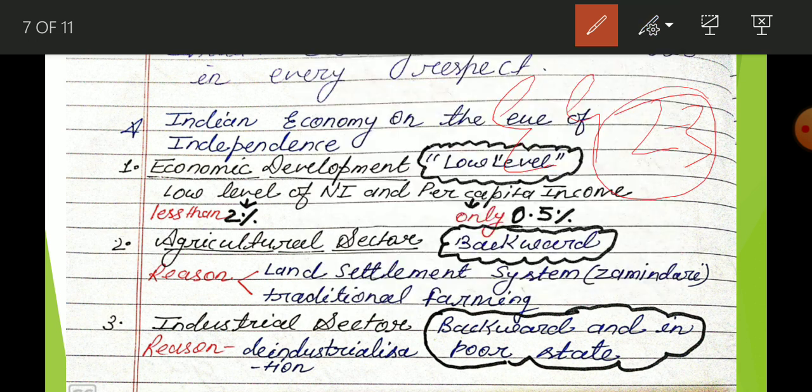So backward means we are performing very poorly in all sectors. Stagnant means our growth rate and production in every field is only between 2 to 3%. I think you are able to understand the terms backward and stagnated.